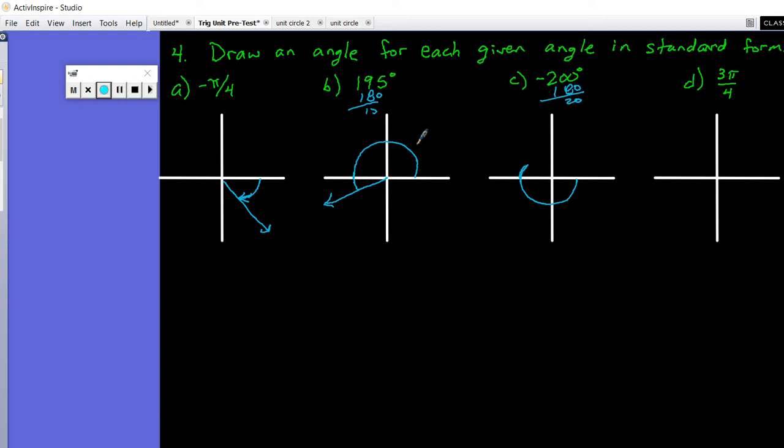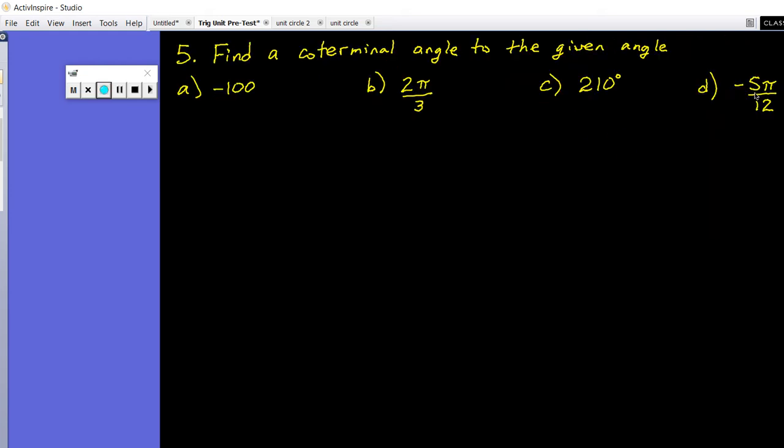So I go 20 degrees more, and that's right there. 3 pi fourths, that's 135 degrees. Or you can think of it this way, there's 1 pi fourths, 2 pi fourths, 3 pi fourths. Each of them is a fourth of the halfway there. That's all you have to do on that one, is draw those pictures.